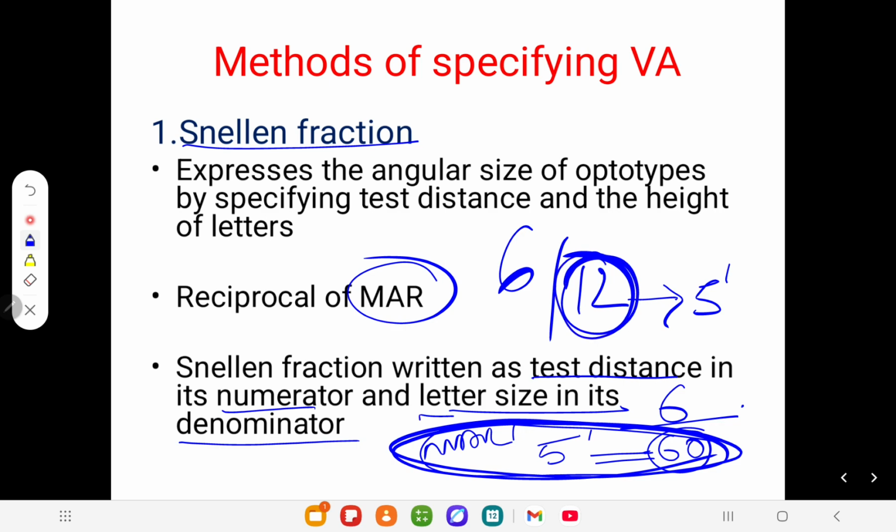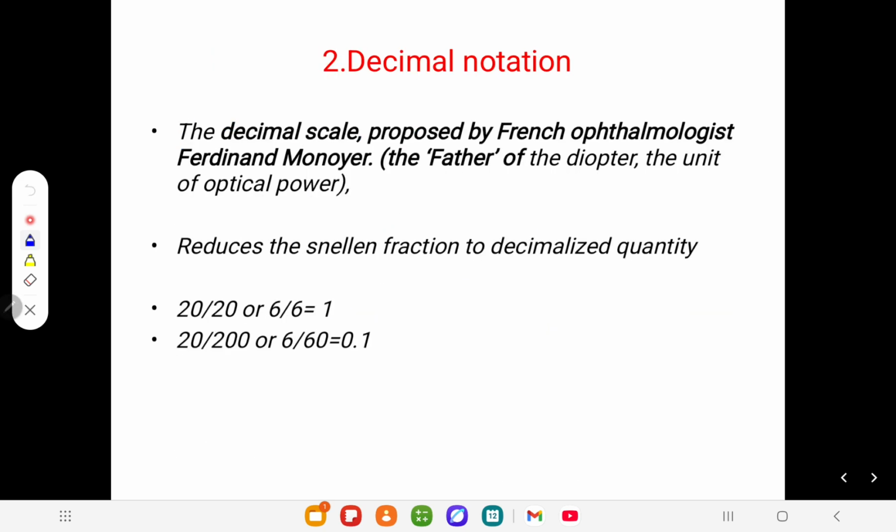That means the letter size in the denominator. Letter size means the size of the letter which subtends 5 minutes of arc at that particular distance, not at 6 meters. Six means the testing distance of 6 meters, and it subtends 5 minutes of arc at 6 meters. 5 minutes of arc means the whole letter, not the MAR. MAR is 1 minute of arc, obviously.